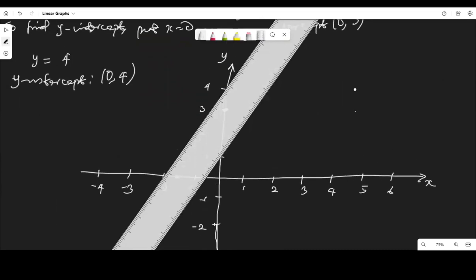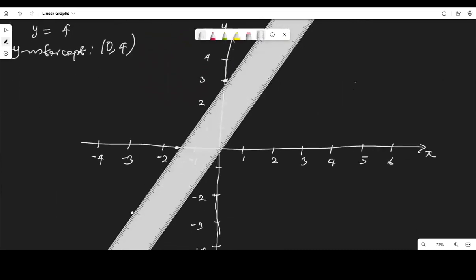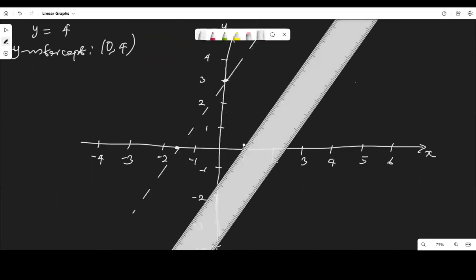So we use a broken line to join these 2 points together. Broken line. It's not perfect enough, but you get the idea. That is the first inequality.